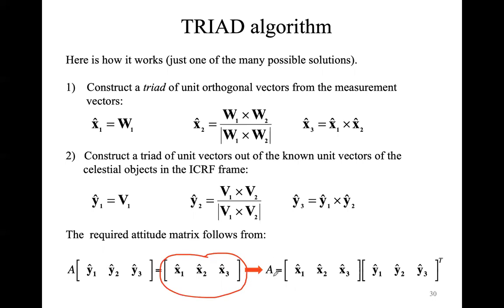So the attitude matrix is given by this matrix computed in the OBF, so our measurement from the sensors, and the one in ICRF. Of course, we know that this matrix is given by an orthogonal triad, so we know that the inverse is equal to the transpose. And so we are able to invert this problem and compute instantaneously what the attitude matrix is.